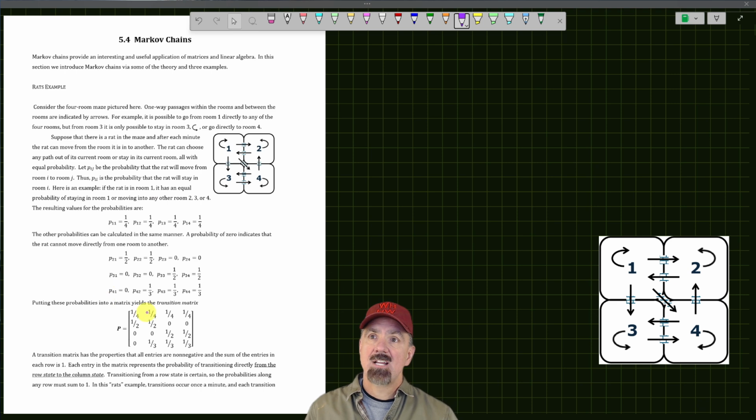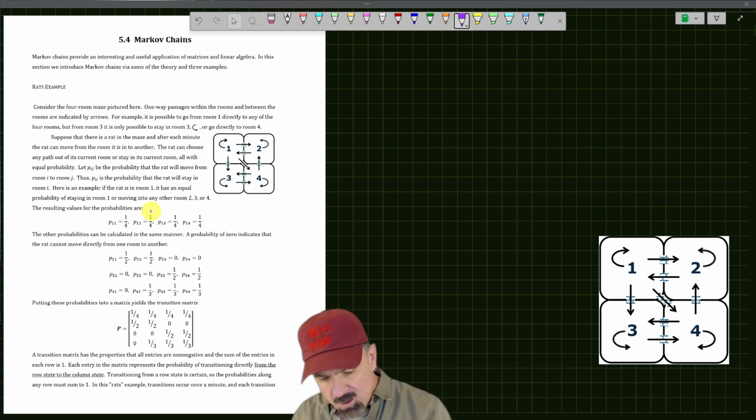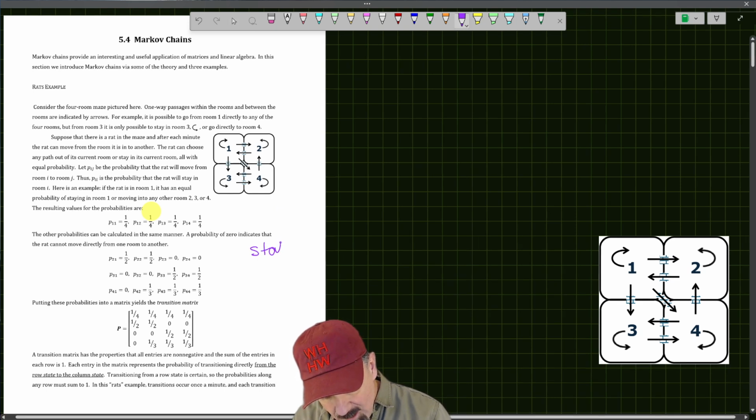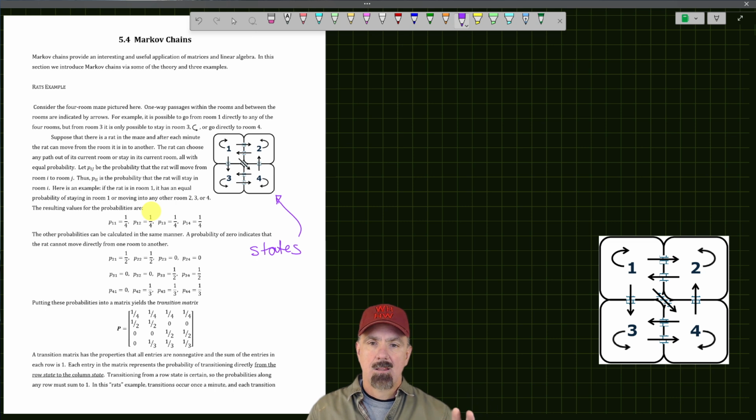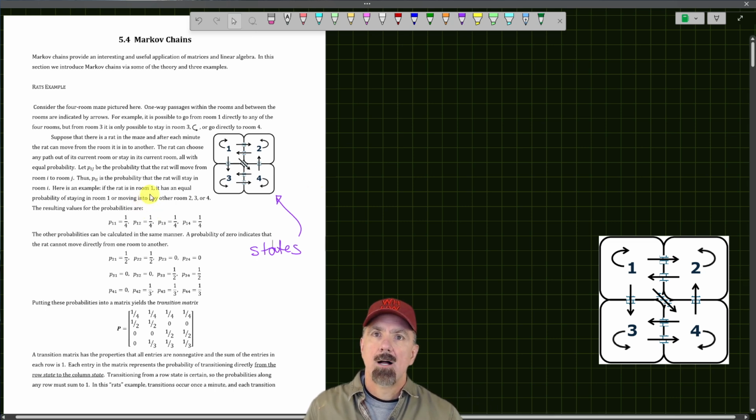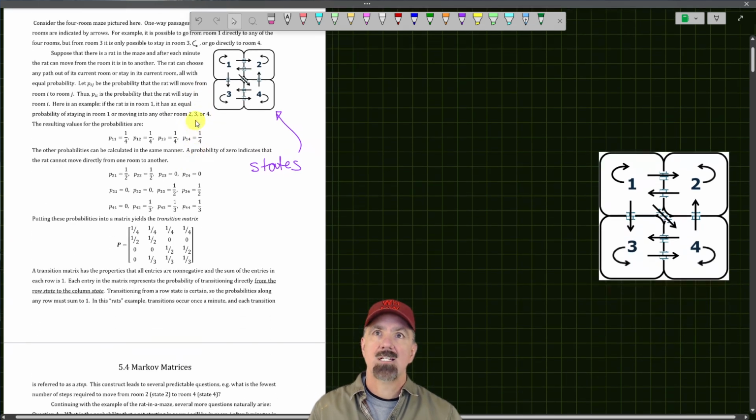The discussion down here has to do with calculating those probabilities, and that's really what's behind all of this: random motion between different states. That's one of the important words that we want to throw out, the idea of states. These items here are states that we will use as a means of writing down the transition matrices.